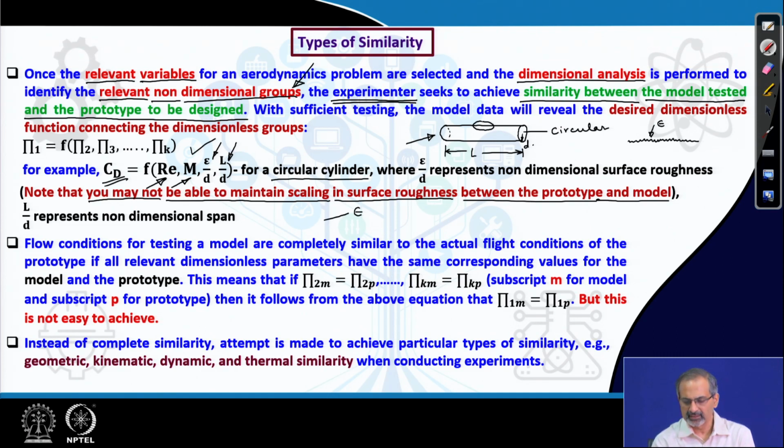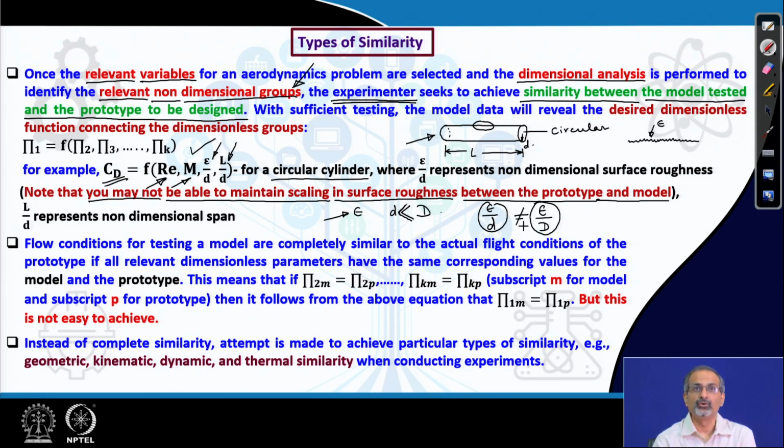In that case, the epsilons between the model and the prototype are comparable, because you have used the same manufacturing or machining process, but the diameter of the model is often much less than the diameter of the prototype, and therefore, the scaling epsilon by small d and epsilon by capital D are not going to match.